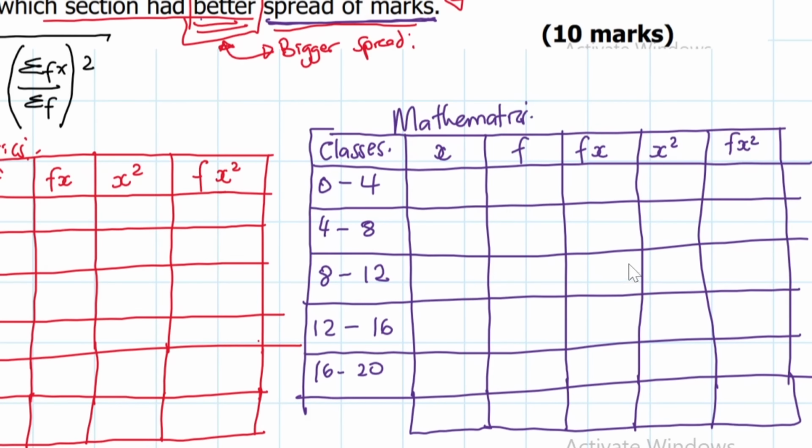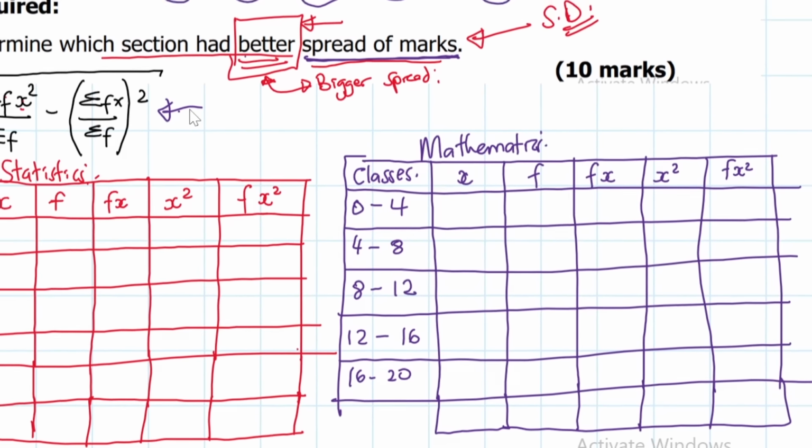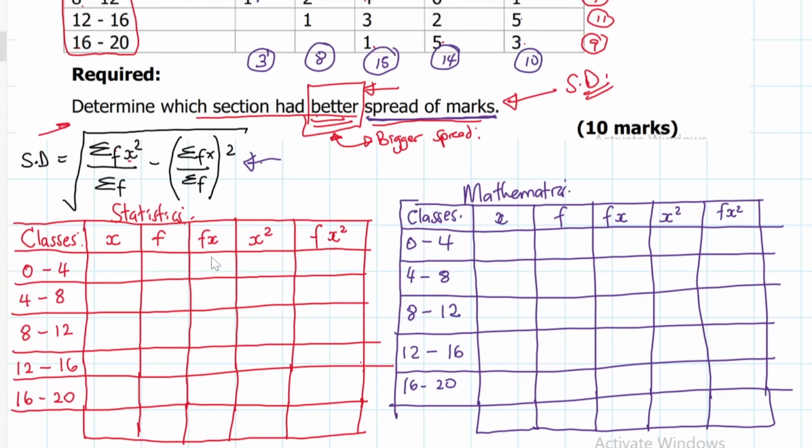So after determining our columns from our formula up here, what we need, let's get started. Determining our value of x here is going to determine how we'd find it. It's going to determine whether we've been given class boundaries or class limits. I think again you must be knowing the difference. What ends here is what starts here. 4 to 8, the last digit here is the first digit here.